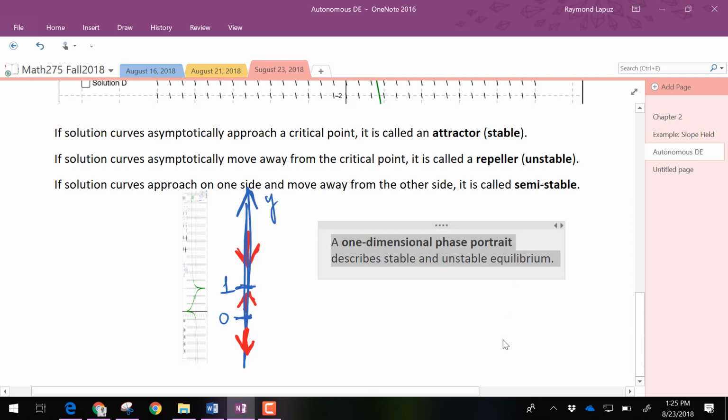So a one-dimensional phase portrait describes the stable and unstable equilibrium using just a one-dimensional graph. And then you can even label these graphs appropriately, where if you see the arrows that are going towards it, that must be a stable equilibrium. And if you see the graphs going away from it, then this is unstable.